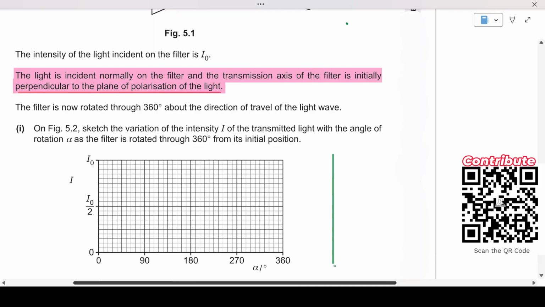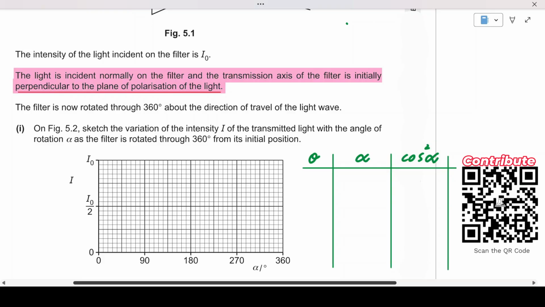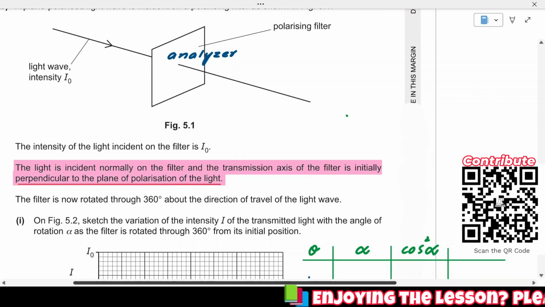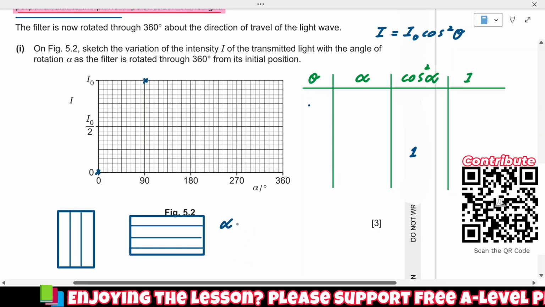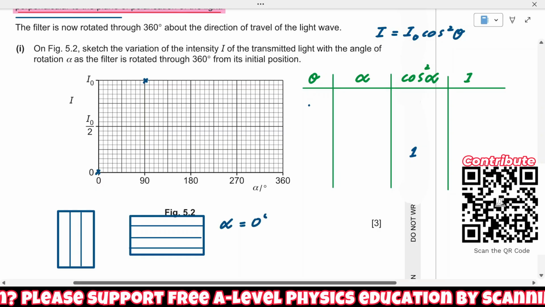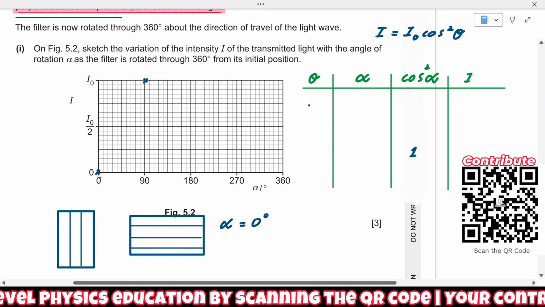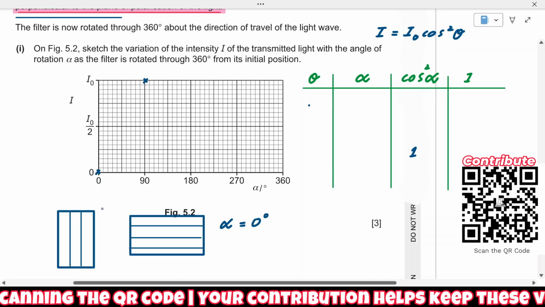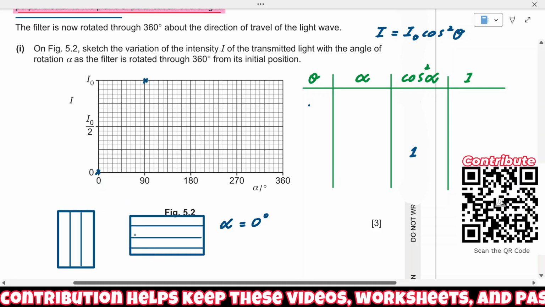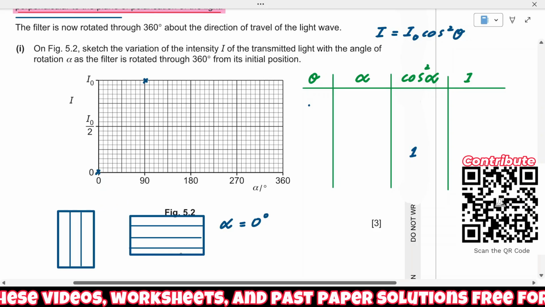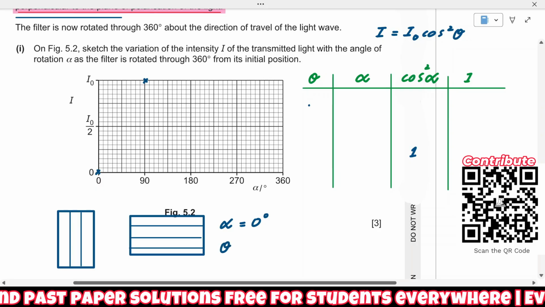So let me draw a table. We can use those values in the table to plot the graph. We say when alpha is 0, when alpha is 0 degrees, what is the actual angle of this analyzer with respect to the previous filter? 90.